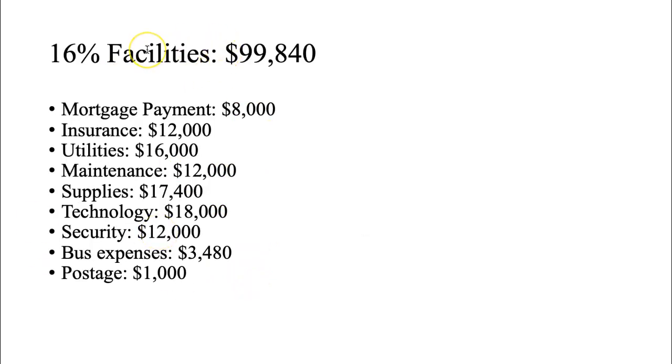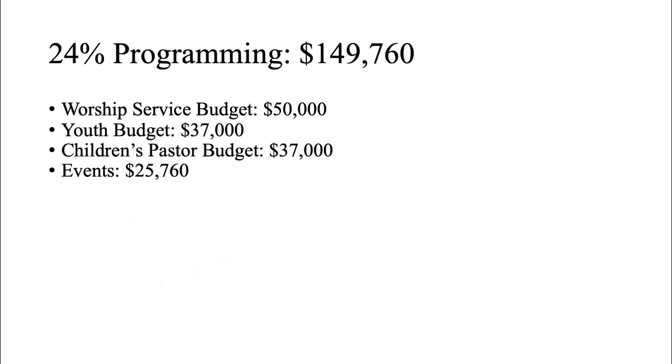So we are attributing 16% again to facilities, $99,000 for the mortgage, the insurance, utilities, maintenance, supplies, technology, security, bus expenses, and the postage. Here at 24%, we have programming for an annual budget of $149,760.